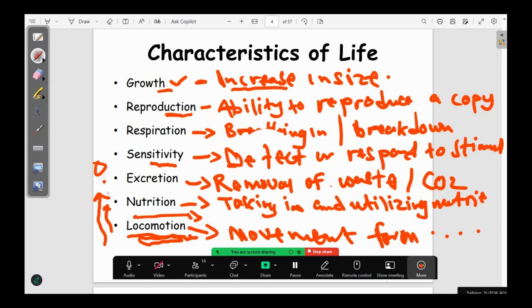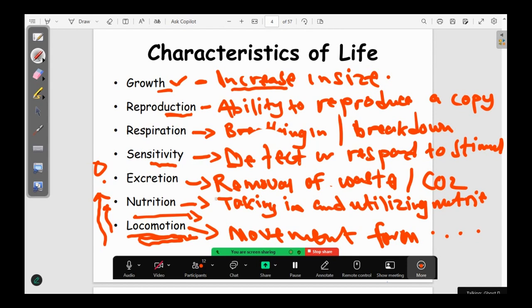I've explained all these 7 here. Now I have a question for you. Which one do you think is the most important characteristic of life? Respiration? Nutrition?